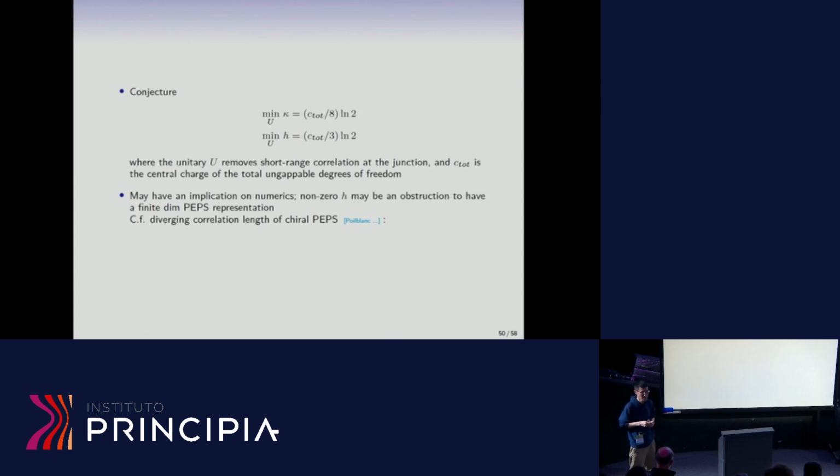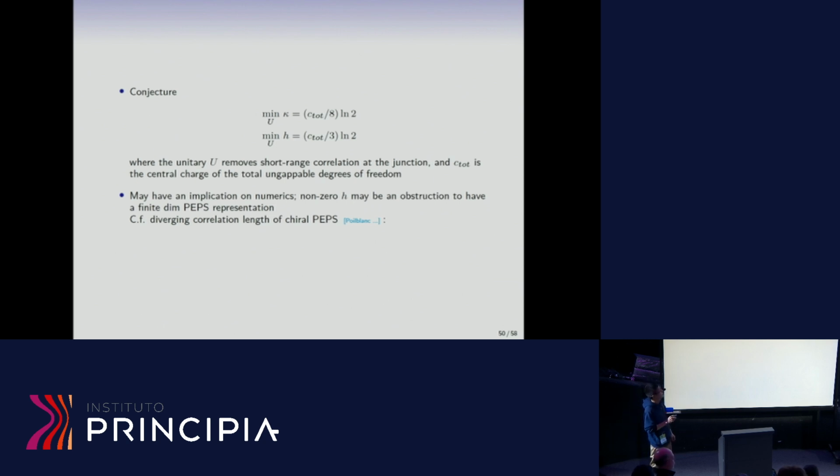But even when the chiral central charge is 0, there are some systems where you cannot gap the edge state. So you just count the total central charge of the ungappable degrees of freedom. That is the central charge sitting on the right-hand side of this bound.